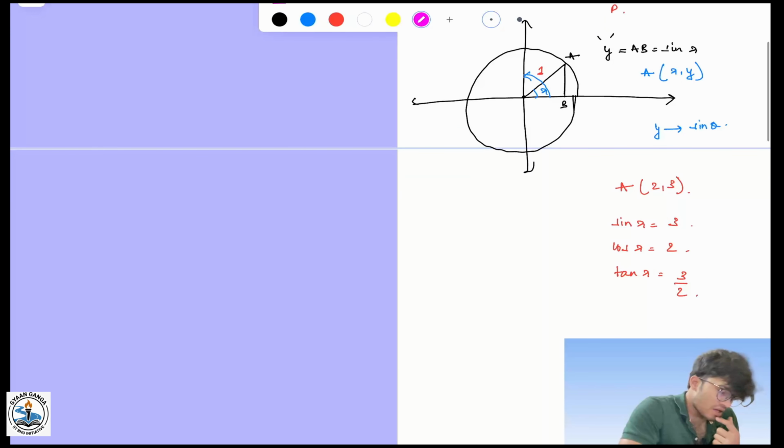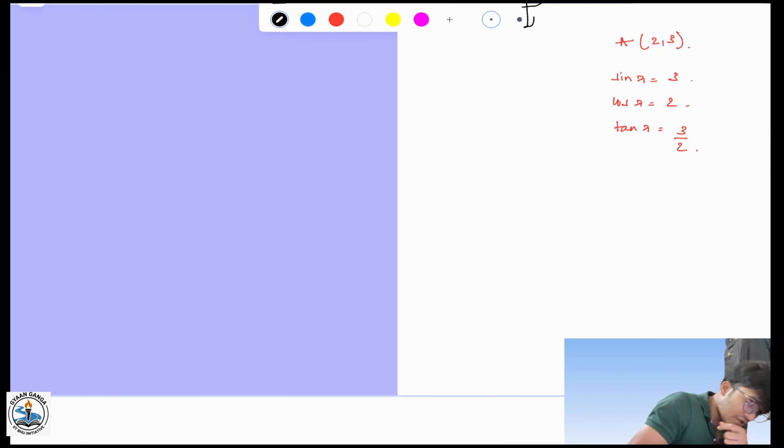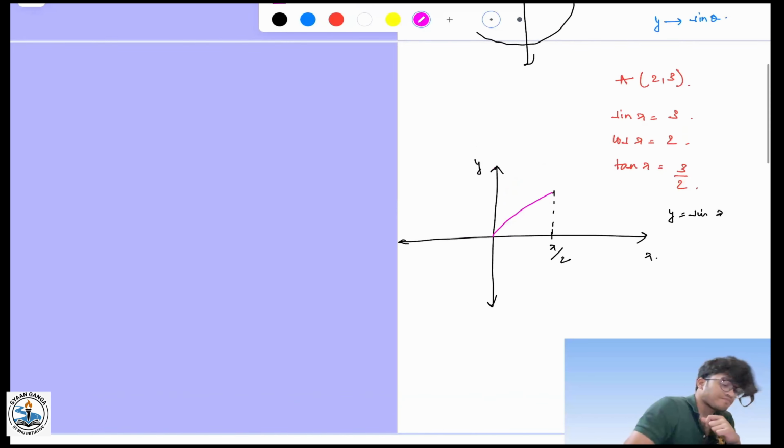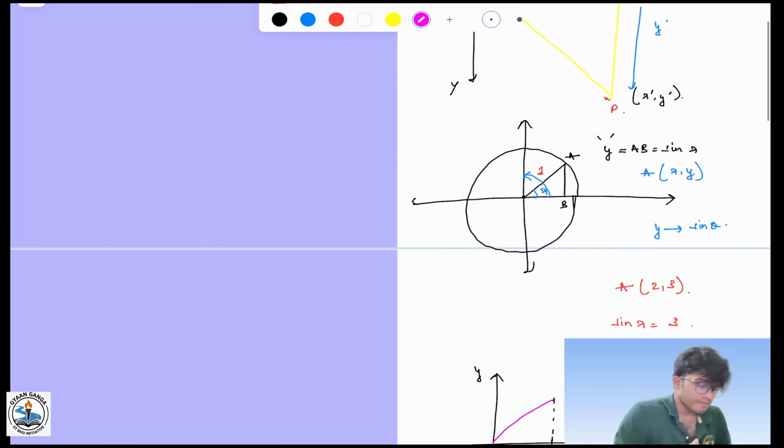So when you draw the graph of this function sine x, between 0 and pi by 2, which is nothing but 90 degrees, you have y is equal to sine x. Now the graph of this function goes from 0 to 90 degrees.